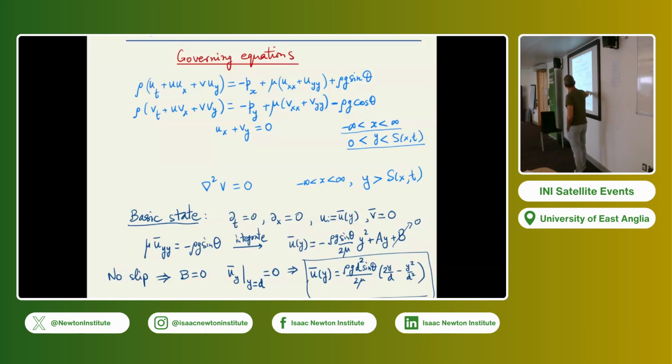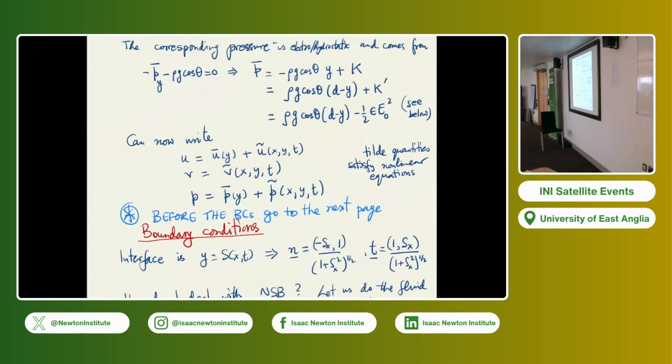So if I look for a base state, in other words, look for a flow that doesn't depend on either x or time, and the interface therefore is flat, then I can get a solution that's like a parabolic shape. It's just a Poiseuille flow. It's a half Poiseuille flow.